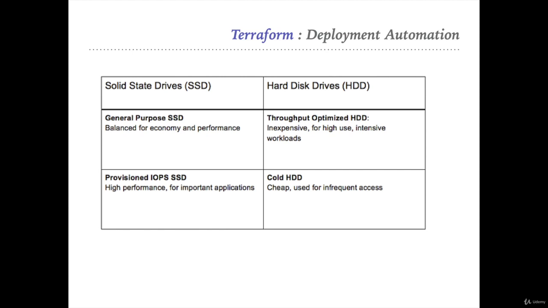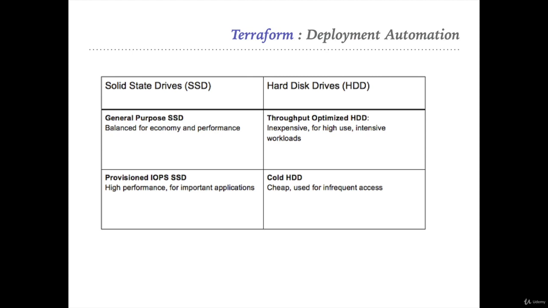The cold HDD is cheaper as compared to the throughput optimized HDD. It can be helpful for data warehouses and archived systems, where you just need to store the data and keep it. You don't need to read the data frequently, so you can use the cold HDD.